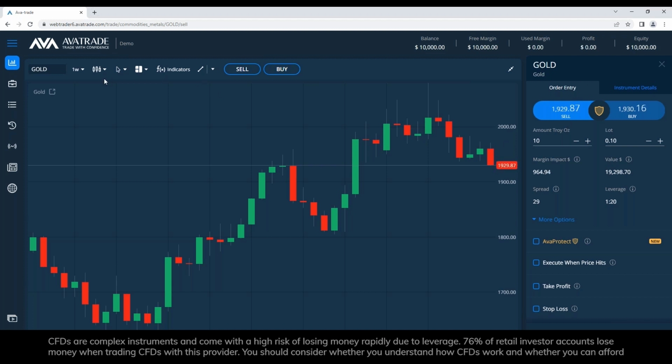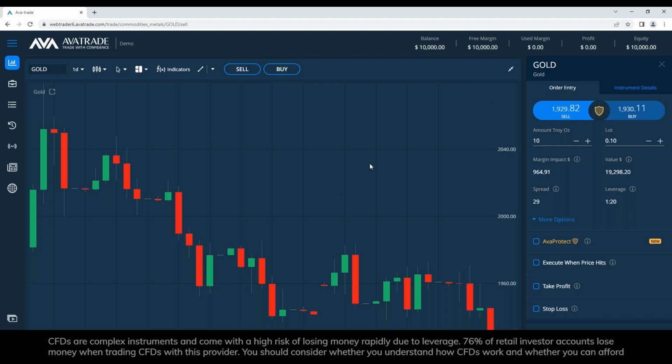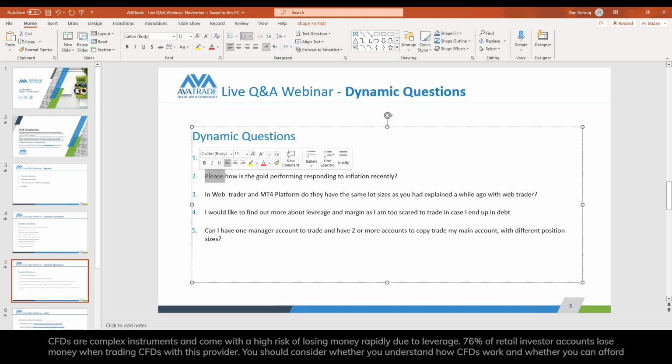Now, who knows why the gold is plunging down this way? Who asked me about the gold? There is a question here, right? Please, how the gold something. I'm just going to delete that, whoever asked this question, because of the grammar here.